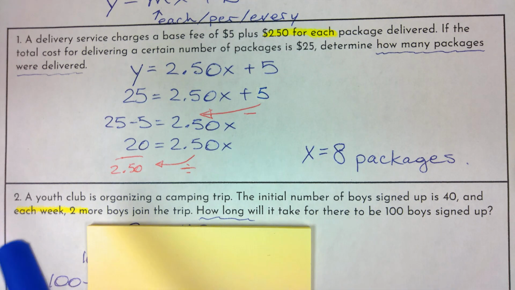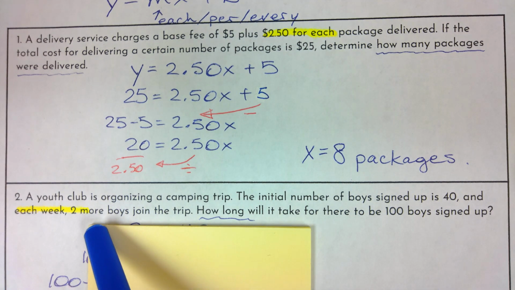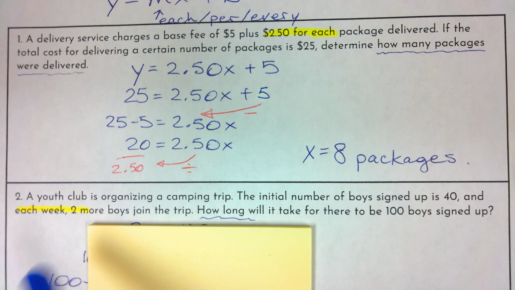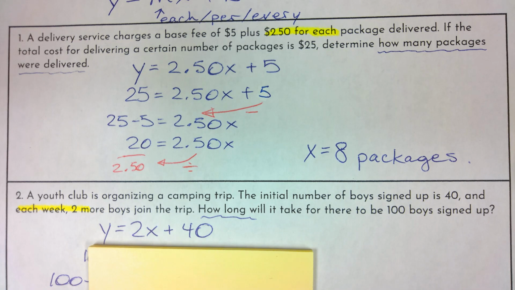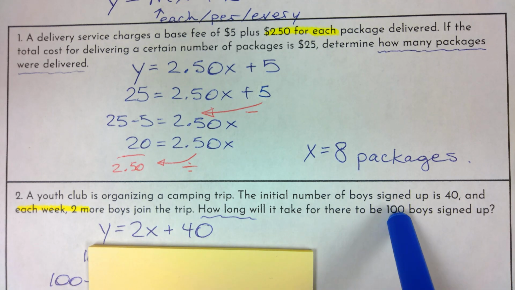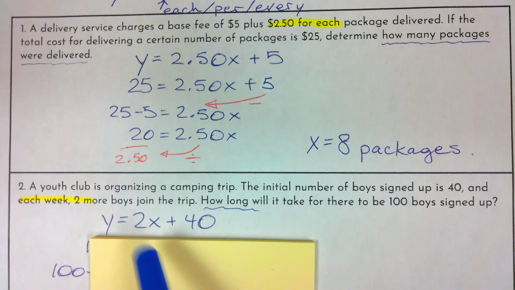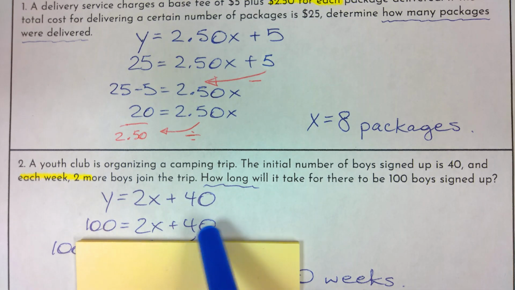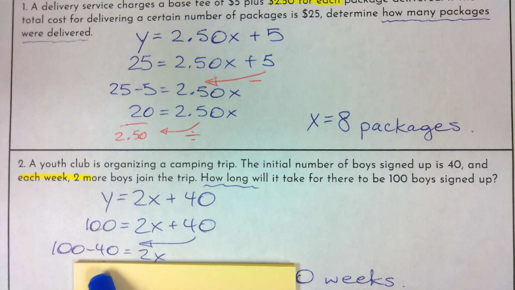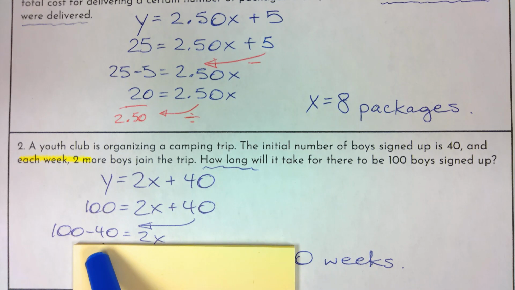40 signed up, and then each week 2 more boys. Okay, so each week 2 more, so that means this is your m, that's your b. So there's your equation. Okay, 100 boys signed up, so that would be your y. So replacing the y with 100, moving the 40 over means that you subtract that 40.